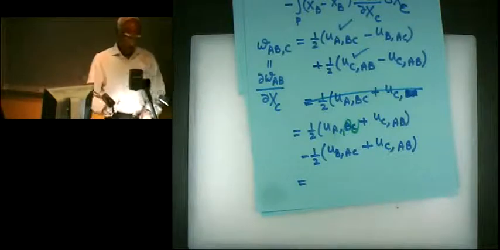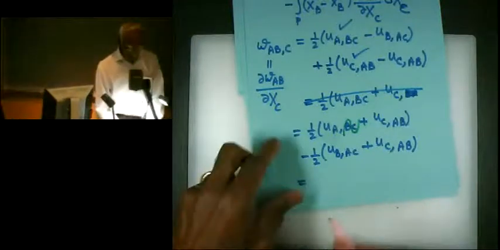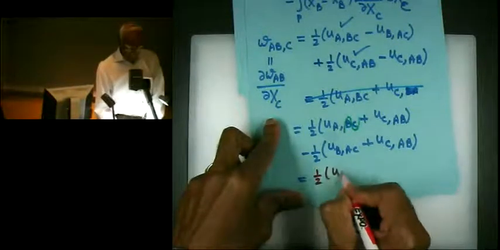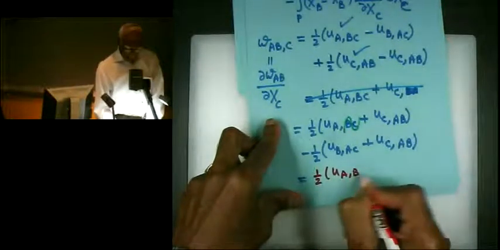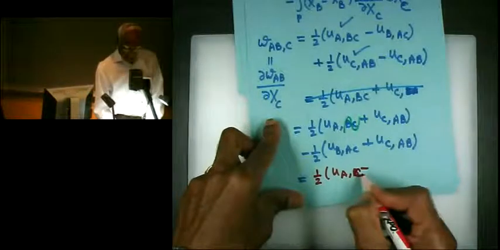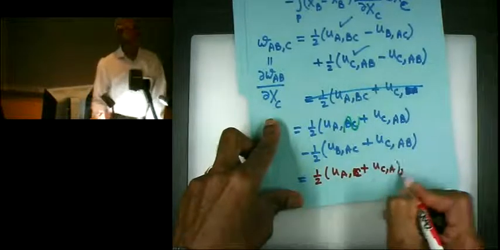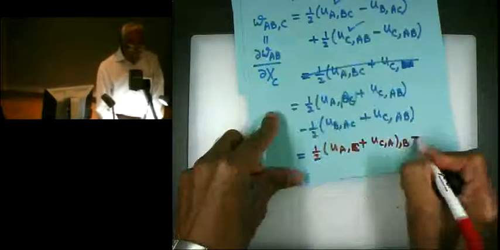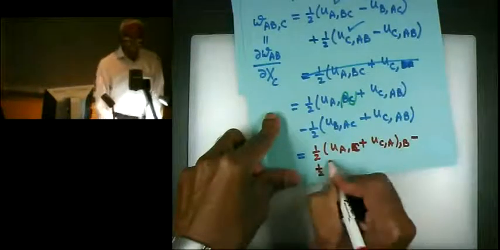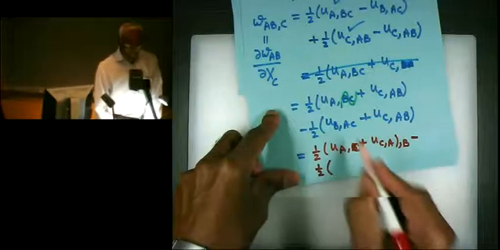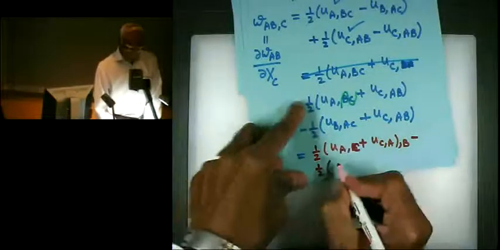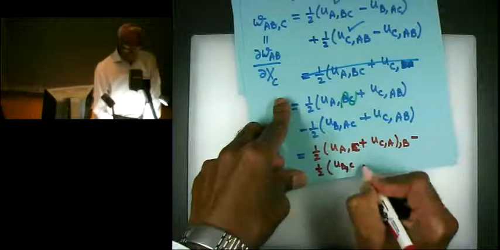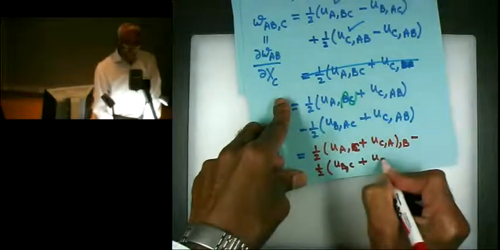So if you buy that, then I can write this as 1/2 U_A,C plus U_C,A differential with respect to B and minus 1/2, and we do the same thing here. So we have U_B,C plus U_C,B,A.